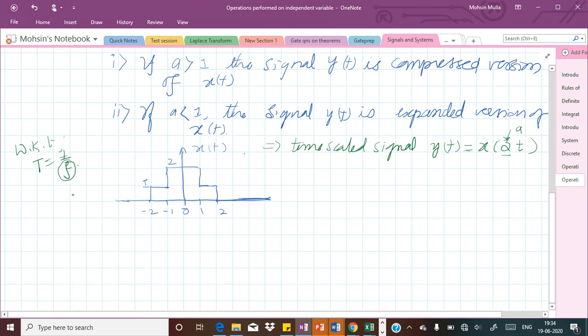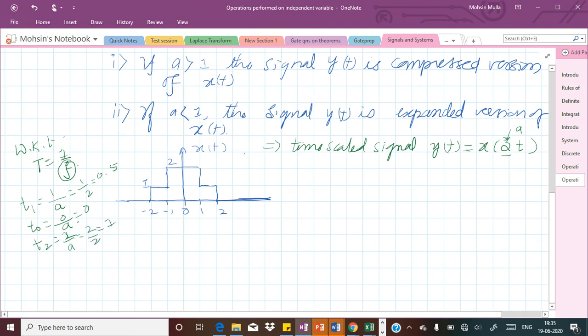Therefore these new values of time will be, suppose I take t1, t1 equal to 1 divided by a. T0 will be 0 divided by a. T2 will be 2 divided by a. Depending upon what a is, the value will change. Here 1 divided by 2 becomes 0.5, here it is 0 again, and here 2 divided by 2 becomes 1.